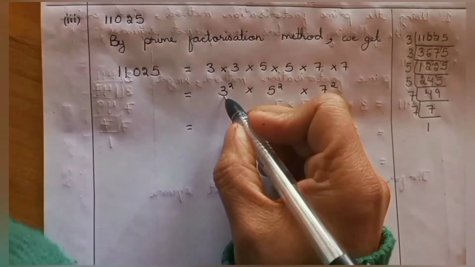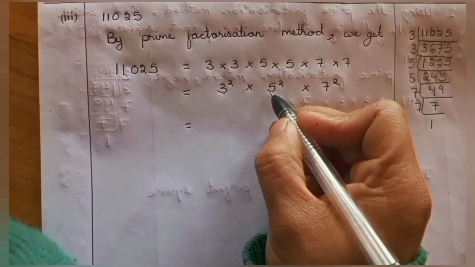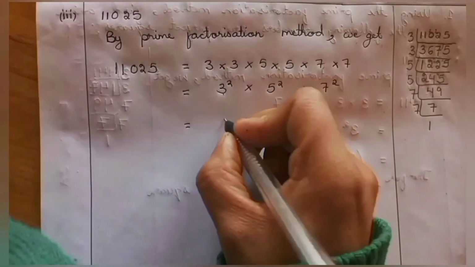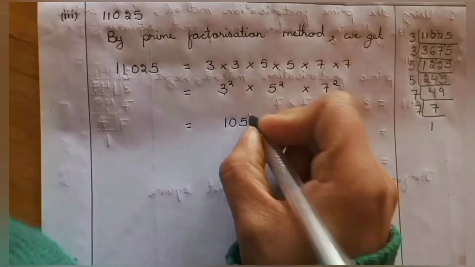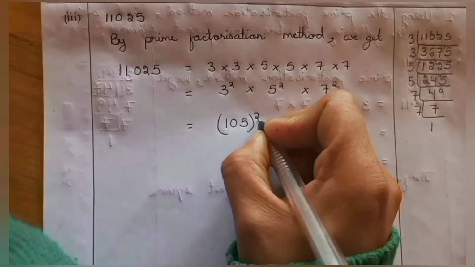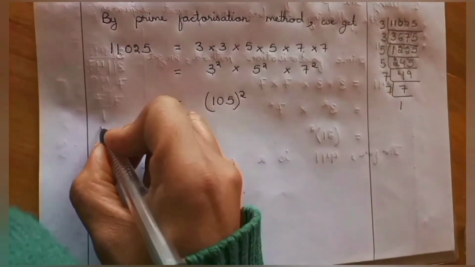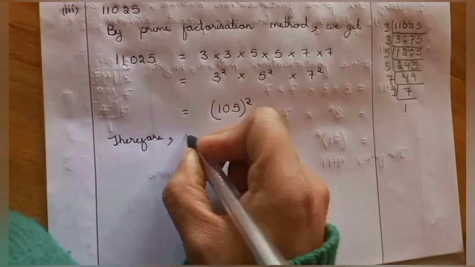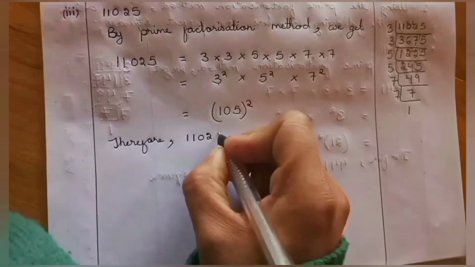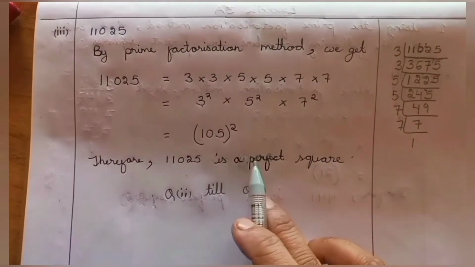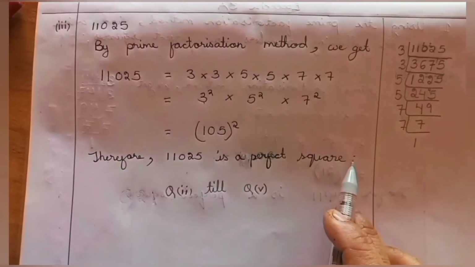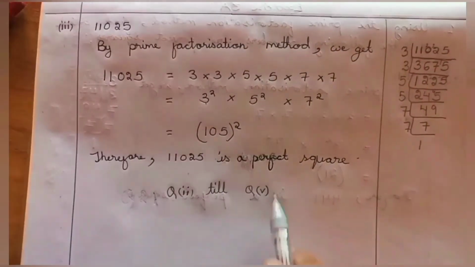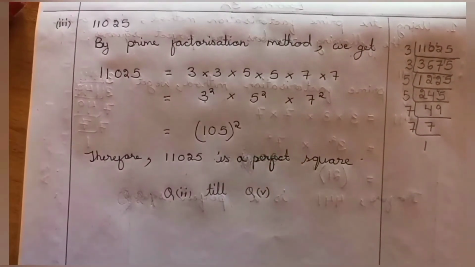Now let's multiply this. 3 into 5 is how much? 15. 15 into 7, you will get 105. You will write square. Then in the last line you will write, therefore 11025 is a perfect square. So I want you all to try question number 2 till question number 5 by yourself.